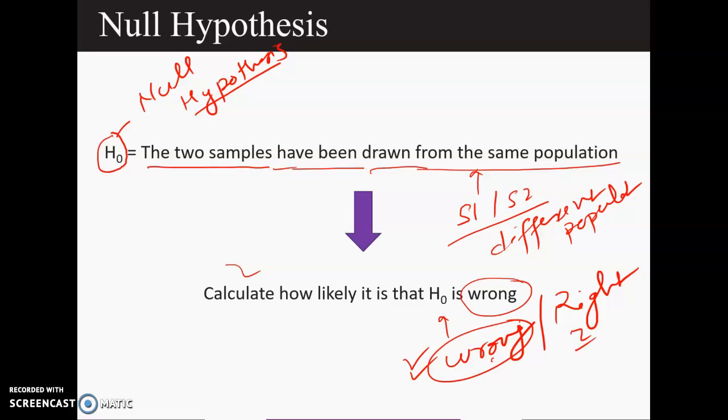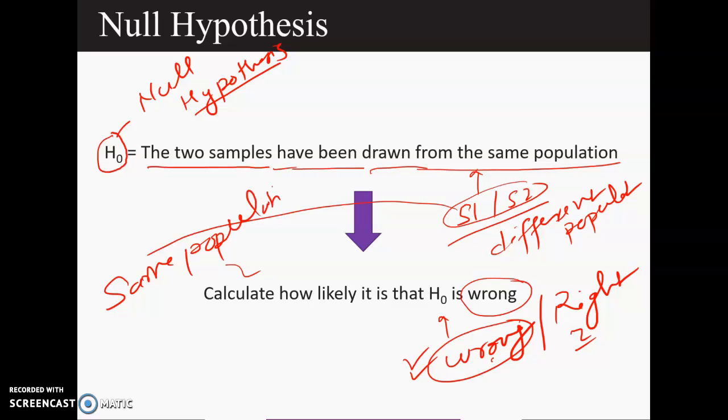But if it is right, it means that both samples S1 and S2 have been drawn from the same population. So this is how you can frame your null hypothesis.